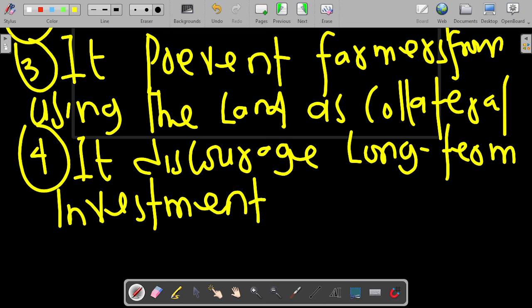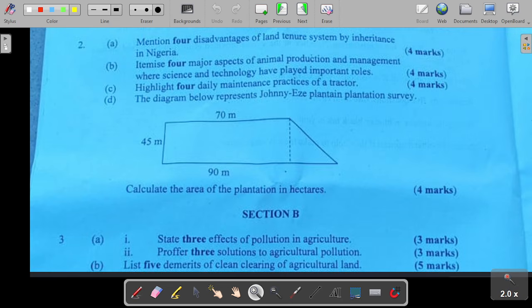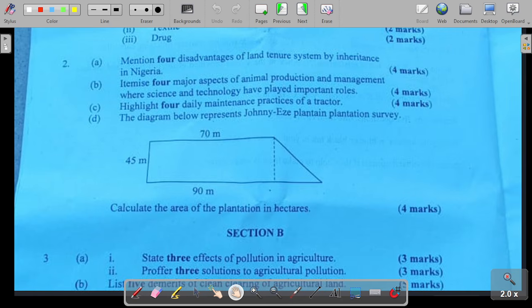That is question 2A. Then 2B says state 4 major aspects of animal production and management where science and technology have an important role.